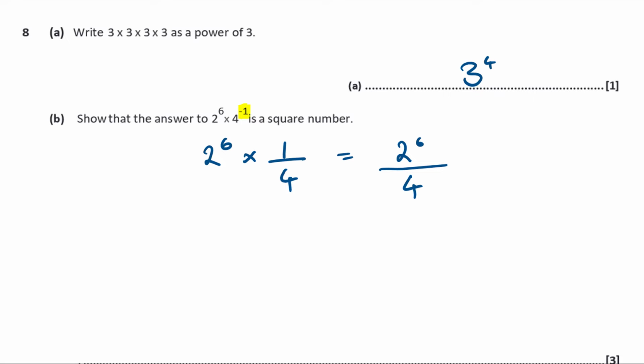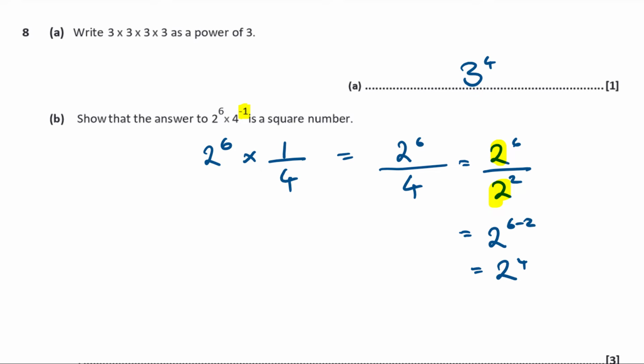Okay, combining those two things together. Now 4 is actually the same thing as 2 squared, isn't it? So what we've got here is 2 to the power 6 divided by 2 squared. And when you've got two numbers with the same base, then we subtract the indices, don't we? So that is the same thing as 2 to the power of 6 minus 2, which is 2 to the power of 4. Okay?